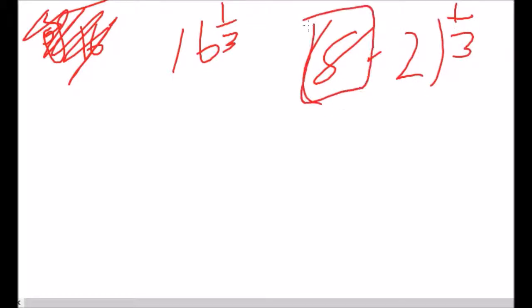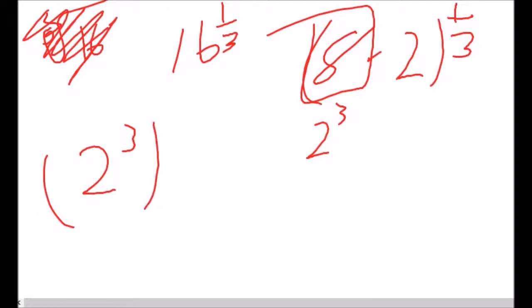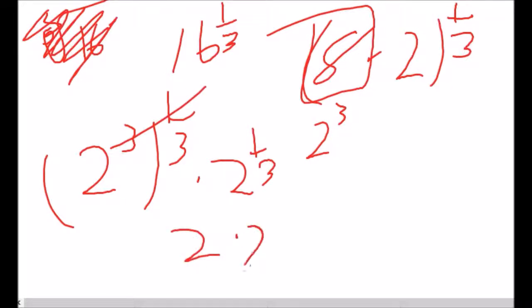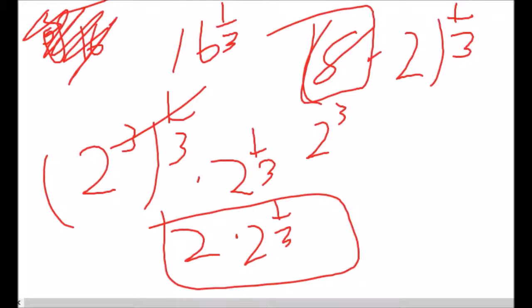Well, 8 is a perfect cube. We can write it as 2 cubed. So let's break this up into 2 cubed to the 1/3, all times 2 to the 1/3. These cancel out, and you just get 2 times 2 to the 1/3. We can't combine these because based on order of operations, you have to do exponentiation first, so this is the simplest we can get it.